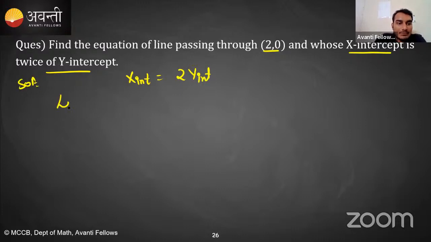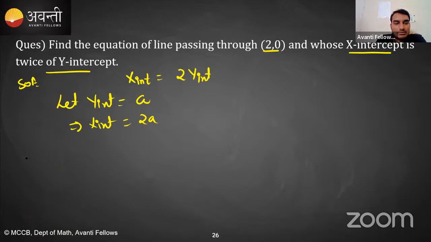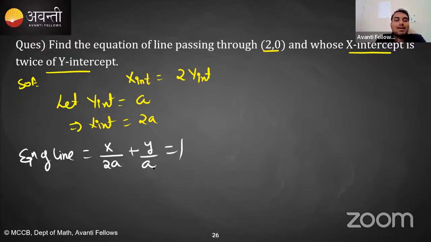So what do we do? Let the y intercept be a. Then it implies the x intercept is 2a. Now the x intercept is given and the y intercept is given, right? So the equation of the line is x upon x intercept plus y upon y intercept is equal to 1.